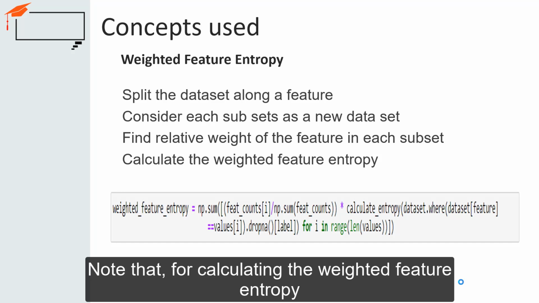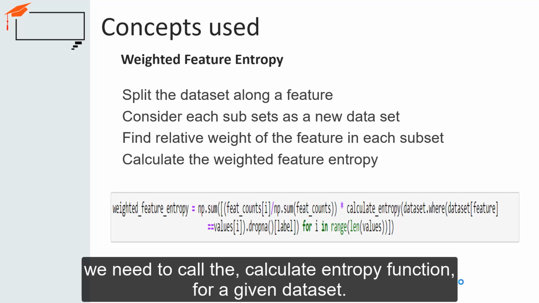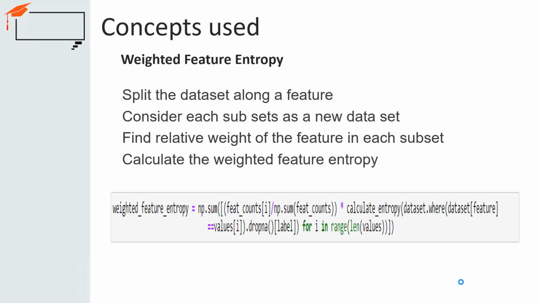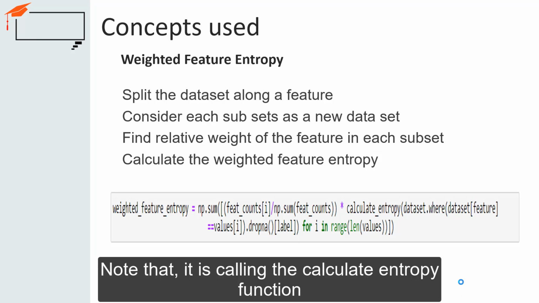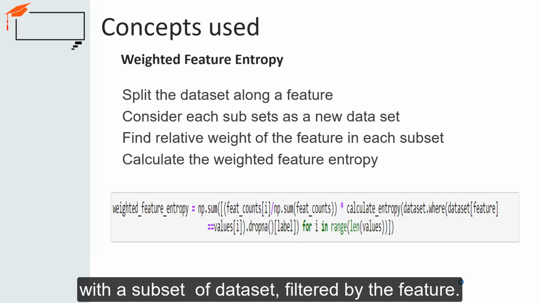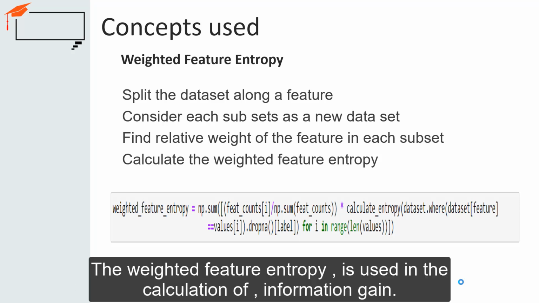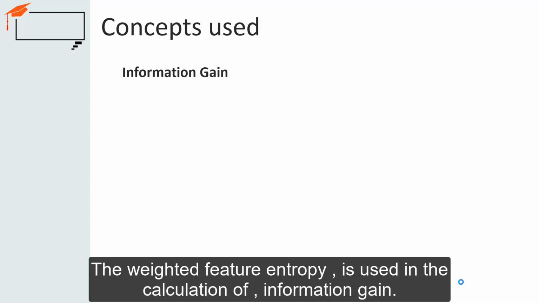Note that for calculating the weighted feature entropy, we need to call the calculate entropy function for a given dataset. In the image, you can see the Python code for calculating weighted feature entropy. Note that it is calling the calculate entropy function with a subset of dataset filtered by the feature. The weighted feature entropy is used in the calculation of information gain.